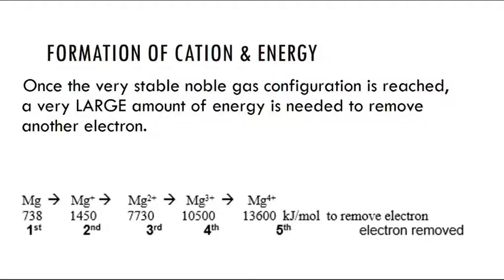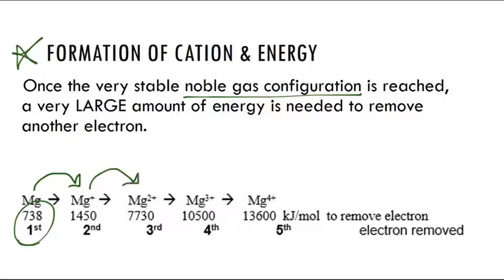But what this is specifically mentioning at the bottom of your page 4 is that once we get to that noble gas configuration that all of the elements want, once they get those 8 valence electrons by gaining or losing, then that ionization energy becomes huge. You can see that here with magnesium. When it loses its first electron, its first ionization energy is 738. When it loses its second electron, that goes up. Its second ionization energy is 1,450.